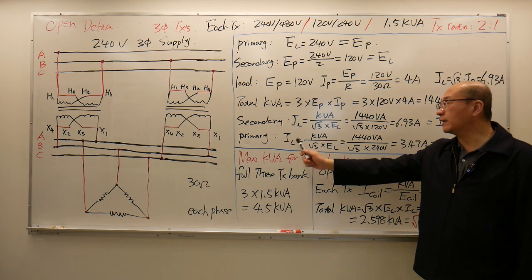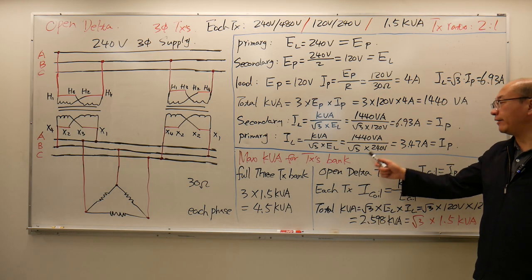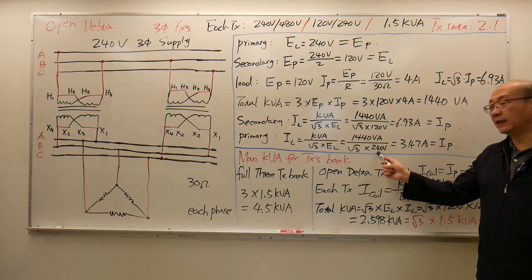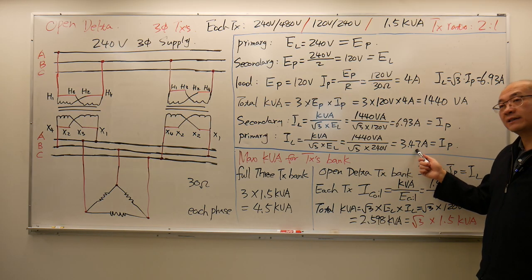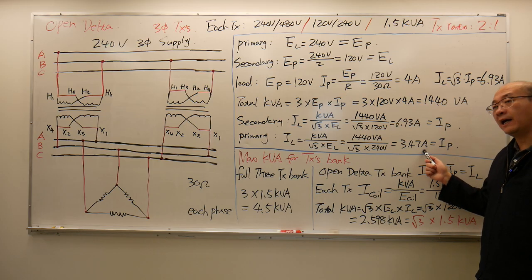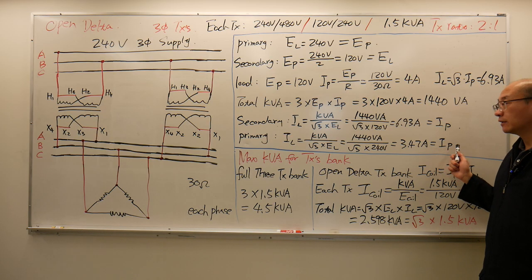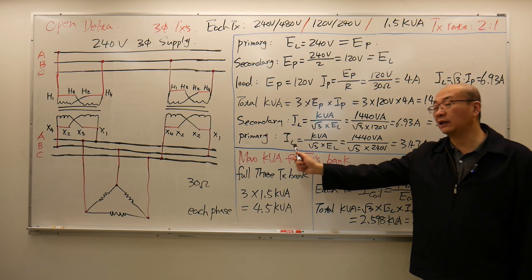For the primary line current, I use the total kVA divided by √3 E line, 3.47 amps. It's also open delta, so those line currents are only going to be drawn by one of the transformer phases. So on the primary side, the transformer phase current is going to equal the line current.